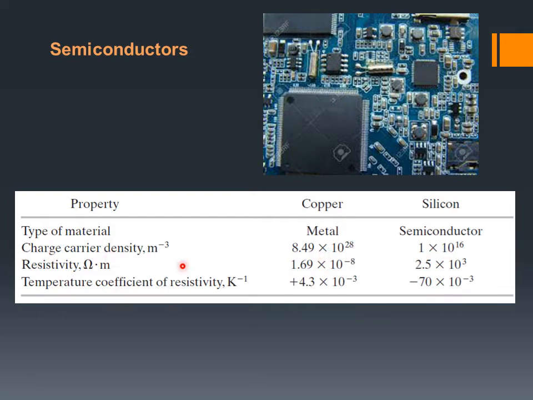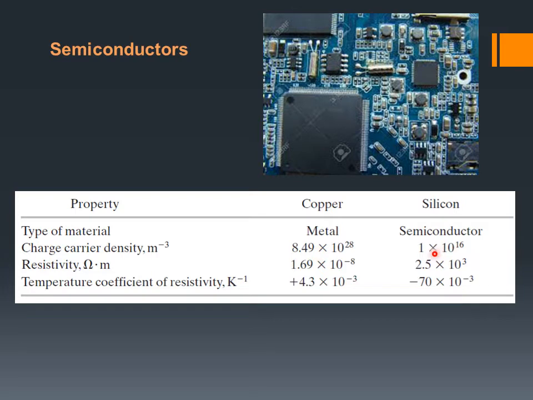Look at the charge carrier density. In metal it is 8.49 into 10 to the power 28, and in semiconductor it is 1 into 10 to the power 16. So what does charge carrier density mean? If the charge carrier density here is greater than that of semiconductors, it means there are more free electrons per volume.